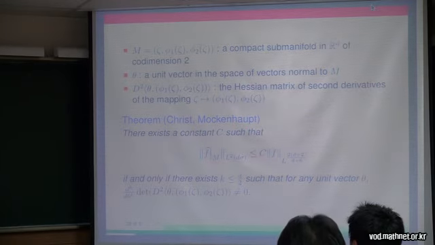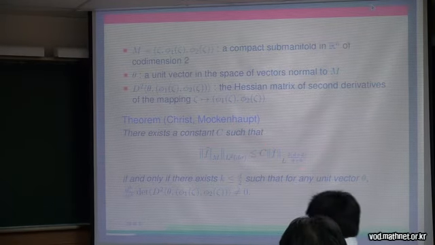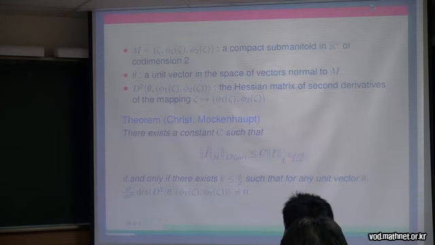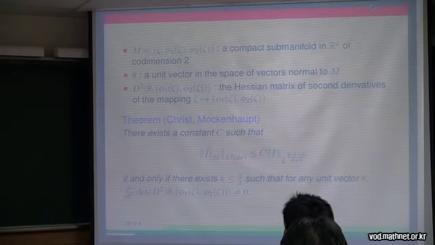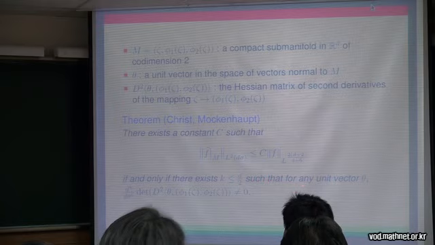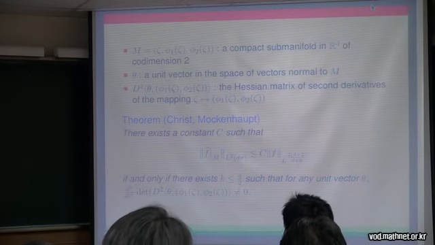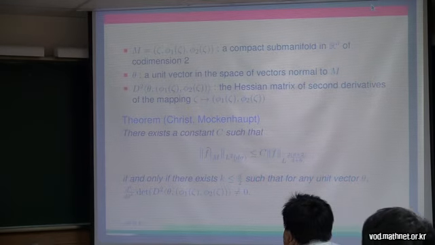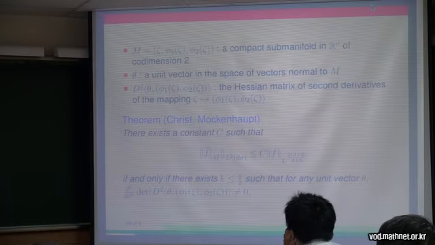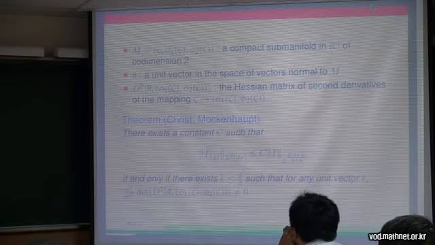Here is the theorem, a kind of Thomas-Stein type estimate. This theorem holds if and only if there exists some k less than d over 2, such that for any unit vector theta, this is some kind of non-vanishing Gaussian curvature.